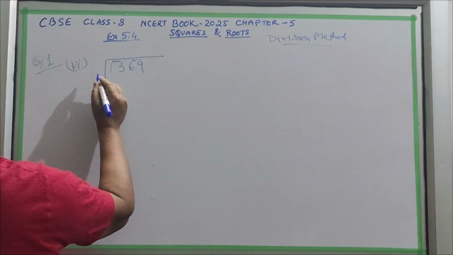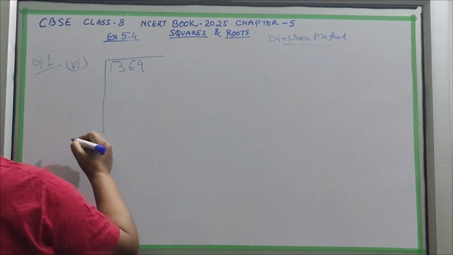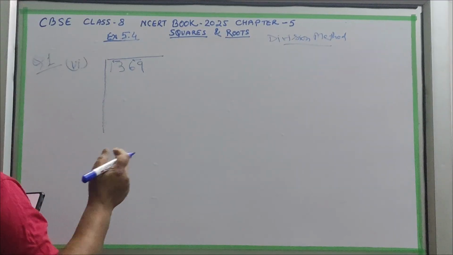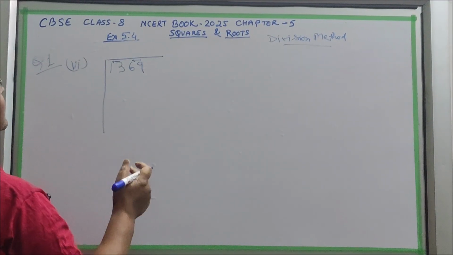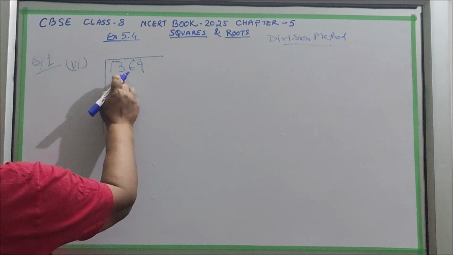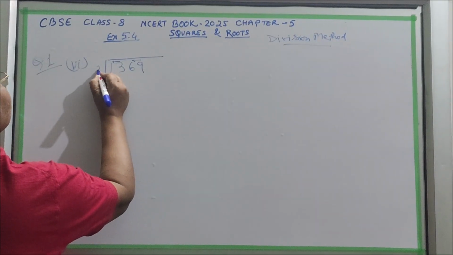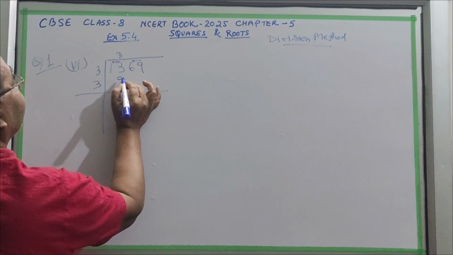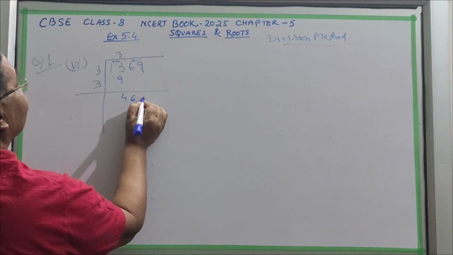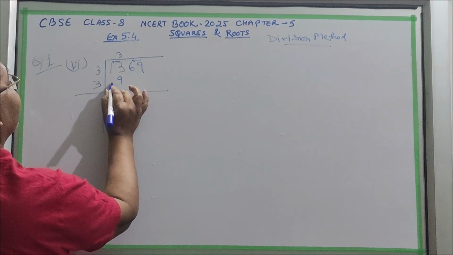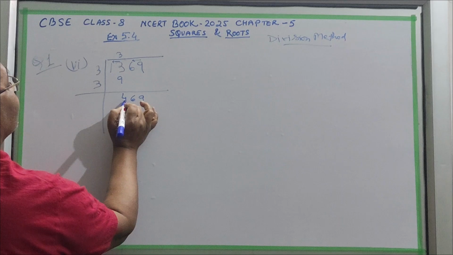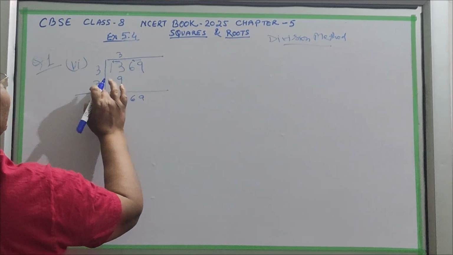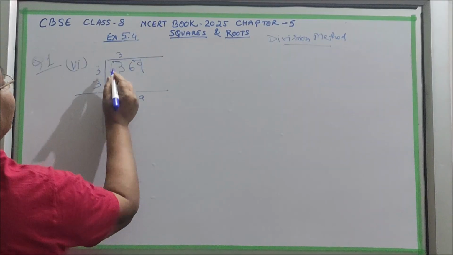You have to find such a number whose square should not cross 13: 1 1s are 1, 2 2s are 4, 3 3s are 9, and 4 4s are 16. 4 4s is exceeding, so 3 3s we will take. So 3 3s are 9, and then you reduce it. From 13 we have reduced, like divide we are doing. This number is divided by 3, by 3, and this has come.